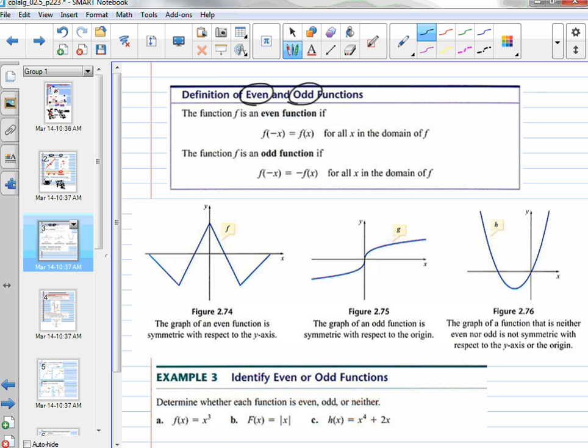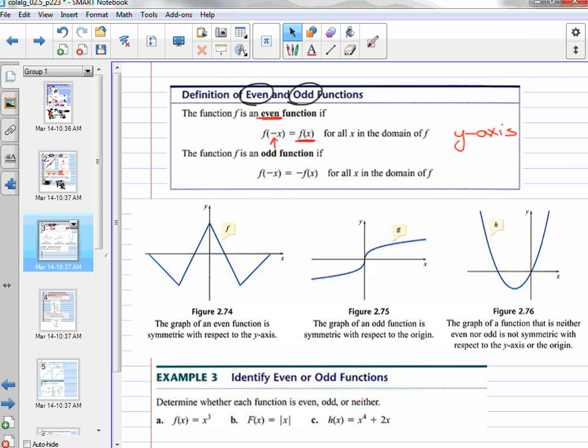Odd and even functions. If you have an even function, when you replace the x with a negative x, you get the same answer. Which symmetry did we do that on? I replaced the x with a negative x and it looked the same. Do you remember which axis symmetry that was? Y-axis symmetry. Even functions, this is true, they are symmetrical with the y-axis. They are called even functions.